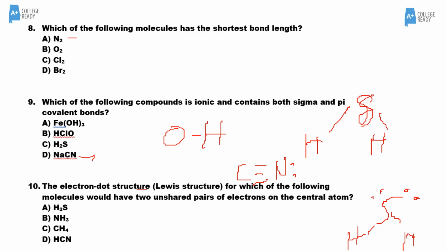This is supposed to be a single bond to this hydrogen. So that's going to have 2 unshared pairs of electrons. NH3 classically has 1, CH4 has none, and HCN on the central atom, and we drew that before up here, would have no lone pairs. So the correct answer there is H2S.